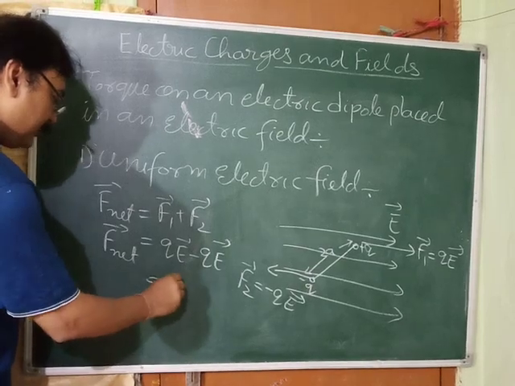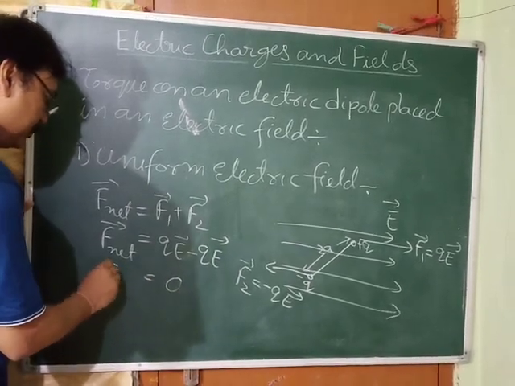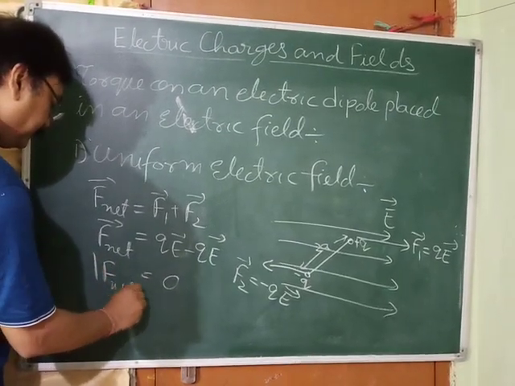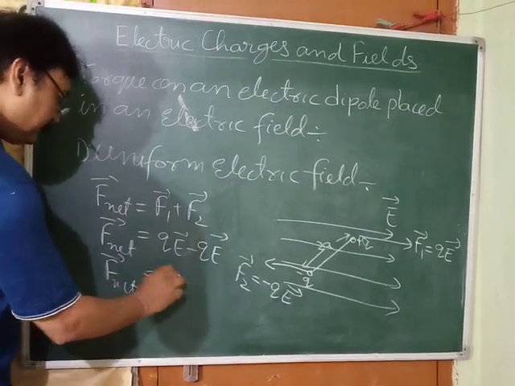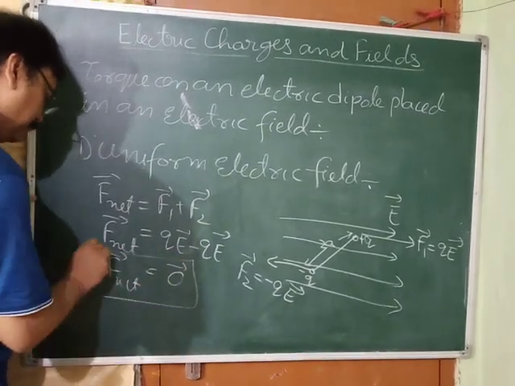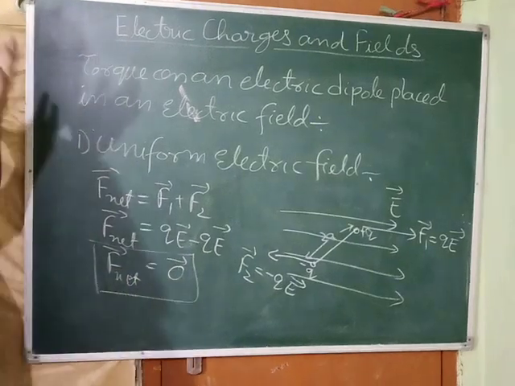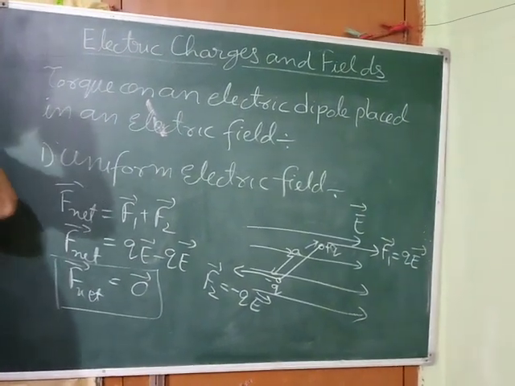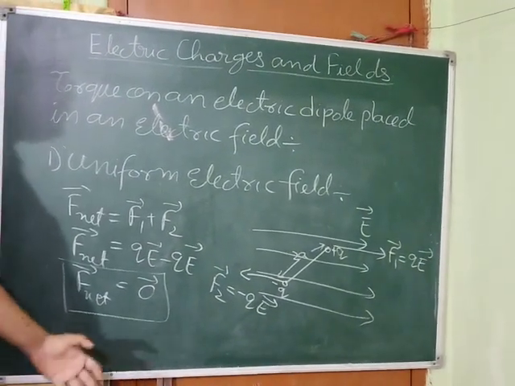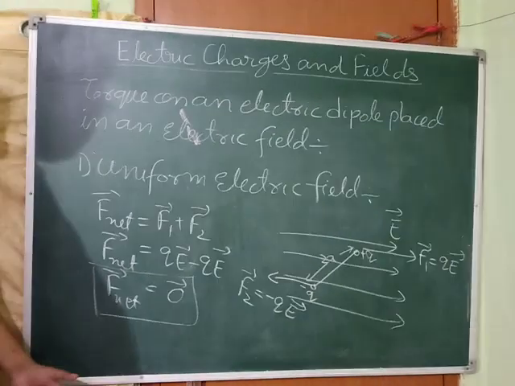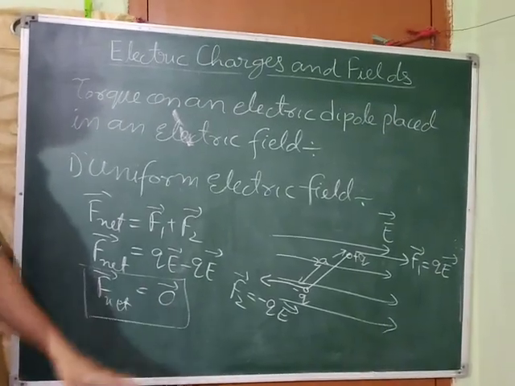What do we get? 0. So the net force acting is 0. When the net force is 0, will the body move? Will it perform any translational motion? No, it is in translational equilibrium.